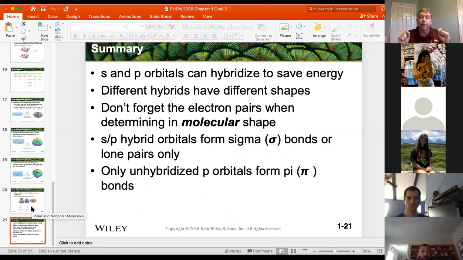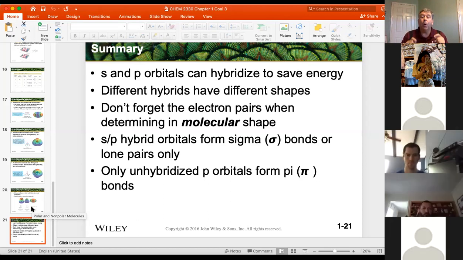You have to remember the electron pairs when looking at molecular geometry, because those electron pairs take up space and repel other electrons. The hybridized orbitals are the ones that make the sigma bonds. They either make a sigma bond or they're a lone pair. Only the unhybridized p orbitals make pi bonds.